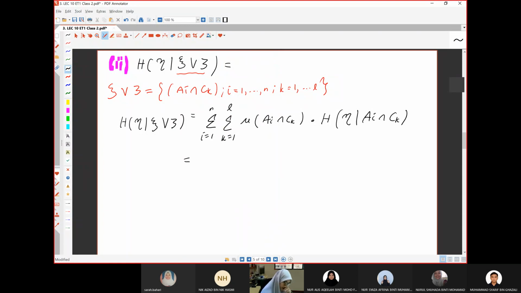Okay, now we simplify. We can simplify the sum over k from 1 until L, mu of Ai intersect Ck. Now you can use the second formula, the entropy of the partition with respect to the element.